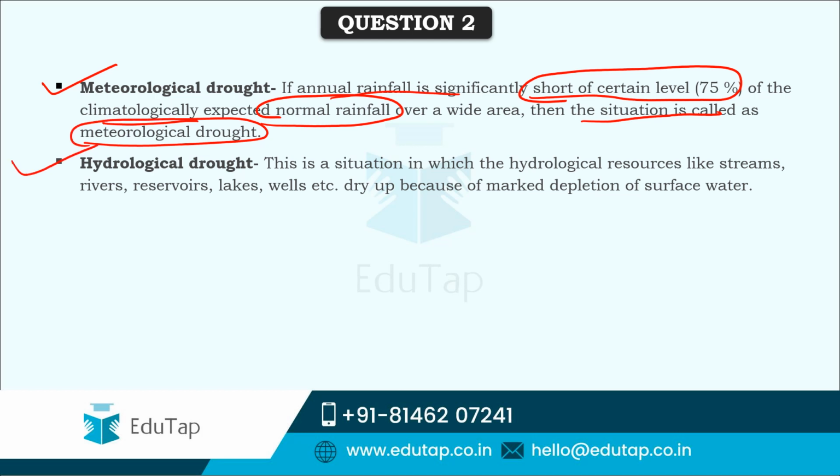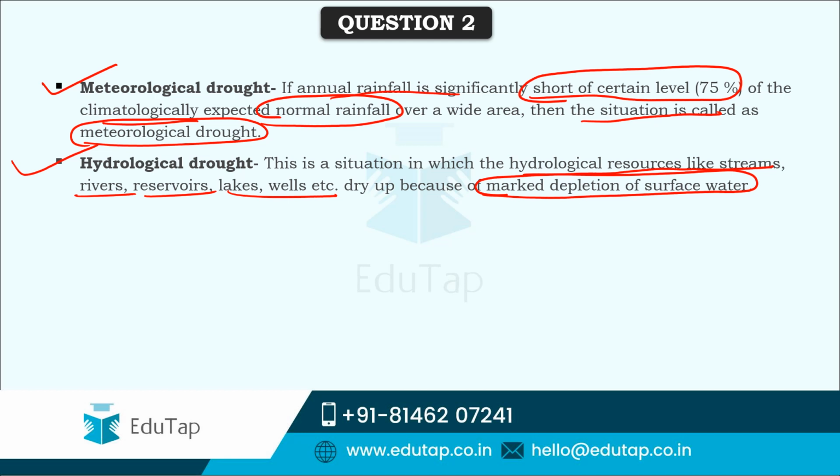Next is hydrological drought. This type of drought arises in a situation where hydrological resources like streams, rivers, reservoirs, lakes, wells, etc. dry up because of marked depletion of surface water.